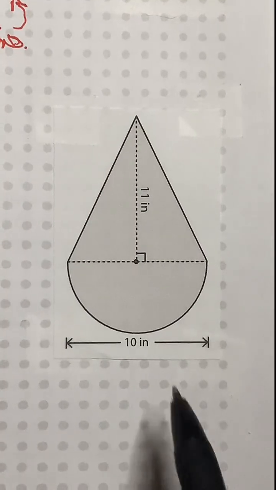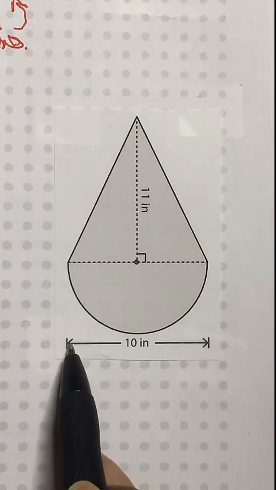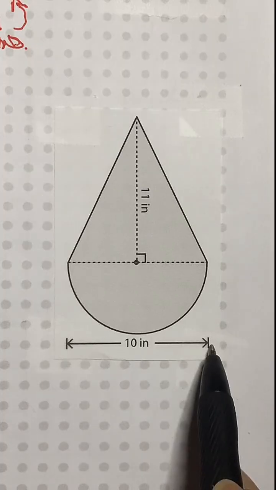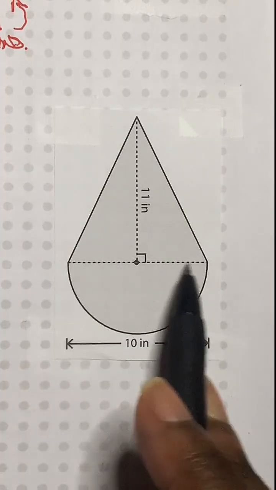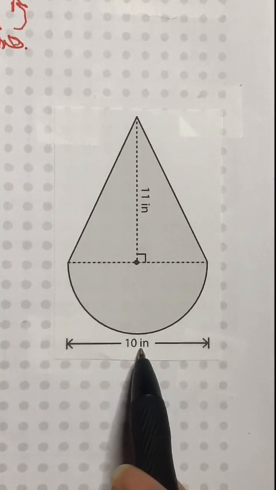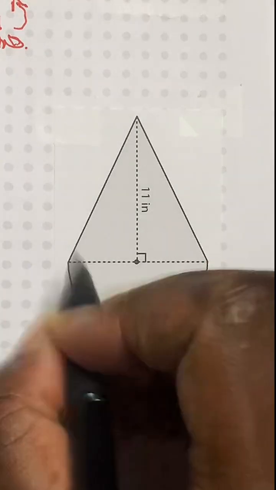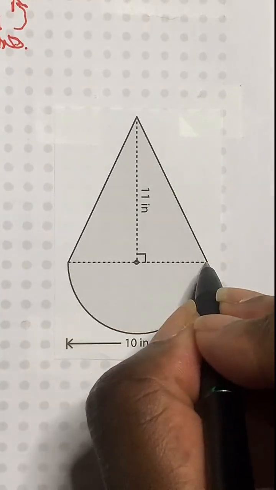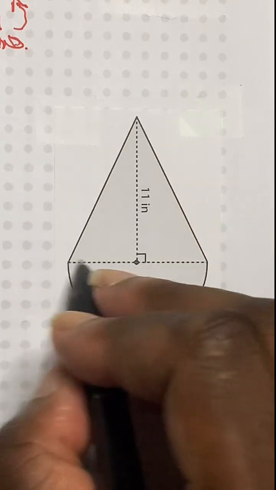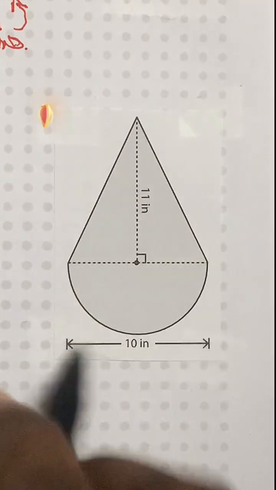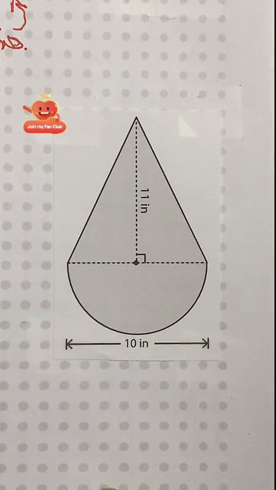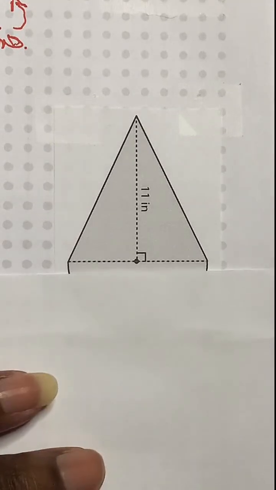So they're giving us different things. One thing that they're giving us is our diameter. From here to here is 10 inches. So they're giving us the whole entire base of our triangle. So we can actually calculate that really quickly.